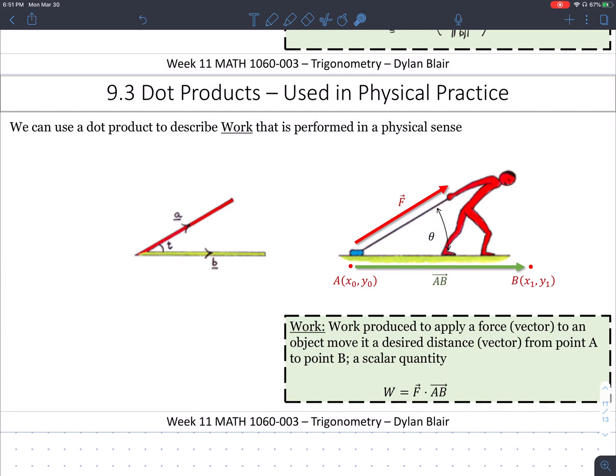And he pulls at some distance, so from some starting point A to some ending point B. So if we know the starting point and the ending point, we can create a vector from A to B, okay? So the magnitude would be the distance, and the direction would be how you find the direction.